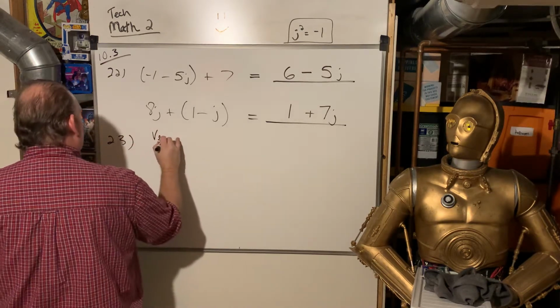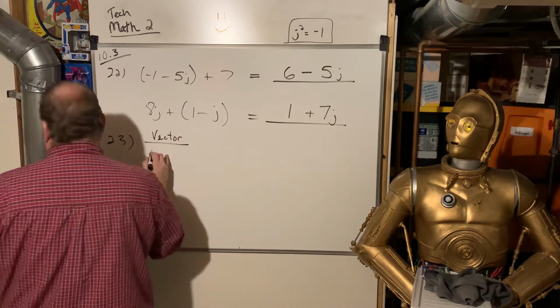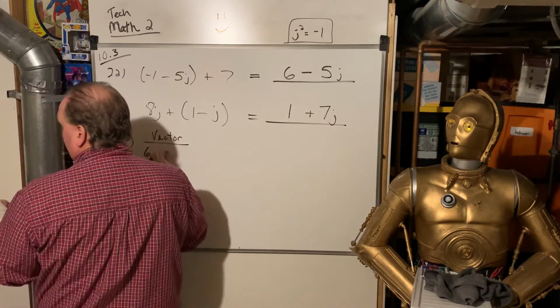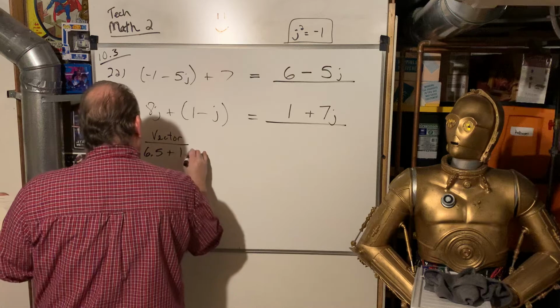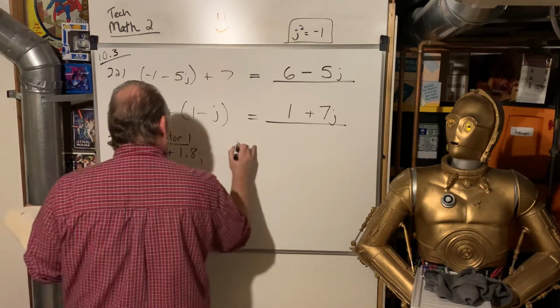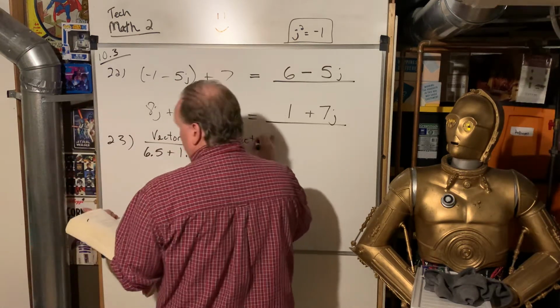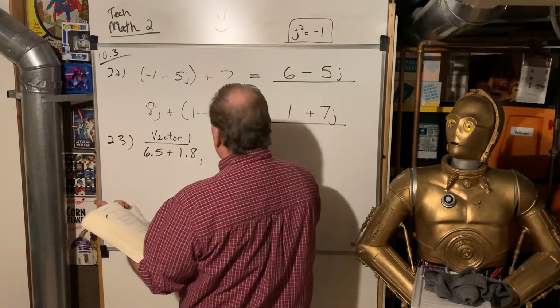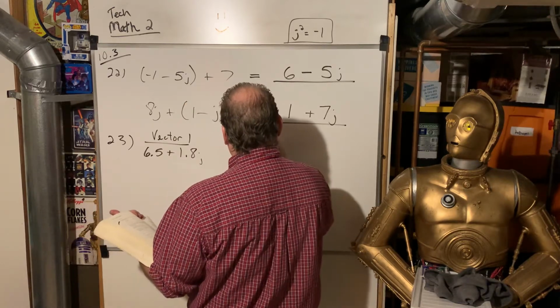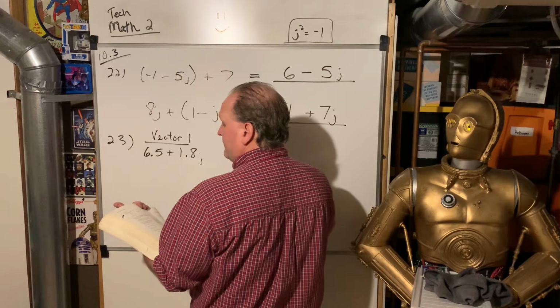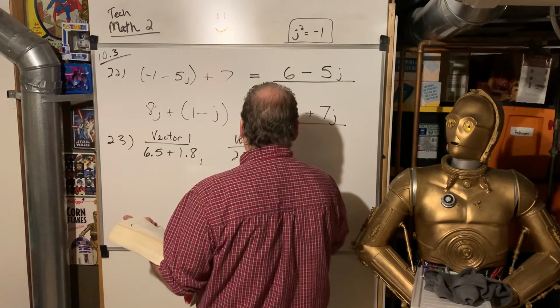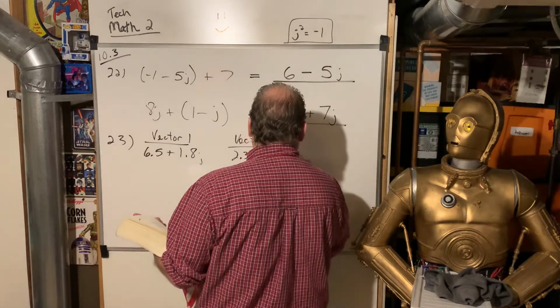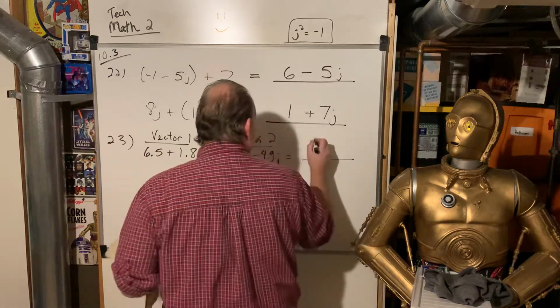If this is a vector that's got an imaginary in it, 1.8j, that's vector 1. And then vector 2, we're looking at number 23 here, is 2.3 minus 4.9j. And you want to combine those vectors and find the resultant vector.